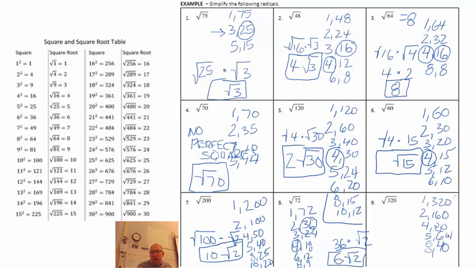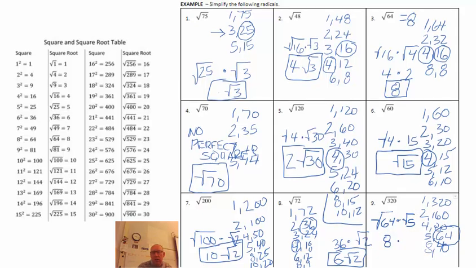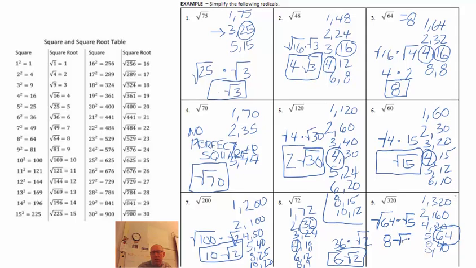For this, the list is much larger, but because I've already found a nice perfect square that's in the larger side of the list, I'm going to use that group. So square root of 64 times the square root of 5. Square root of 64 is a perfect square of 8. Square root of 5 is not a perfect square, so we leave it inside the square root symbol. And there you have it, 8 square root of 5.